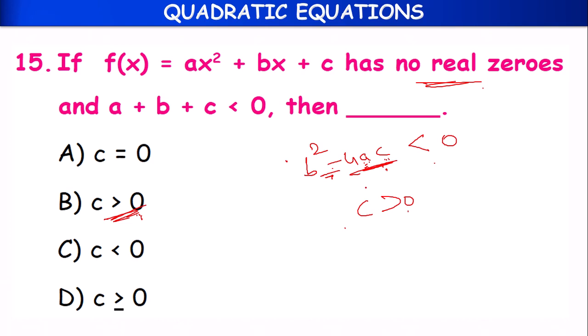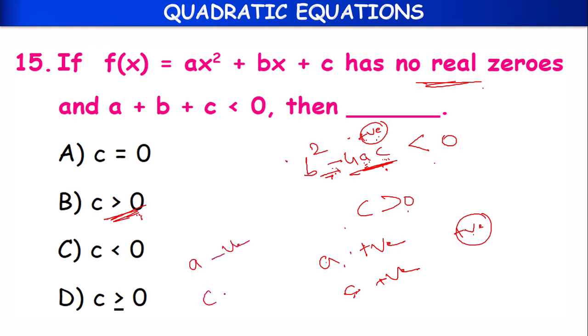If a is positive and c also positive, then the ac product will be positive, and minus into plus, we will be having a minus value. Or if a is negative and c is negative, then minus into minus, plus, and plus into minus, minus we will get.